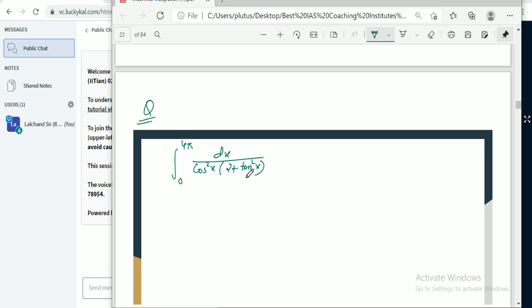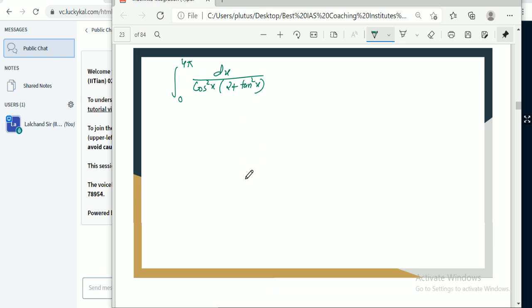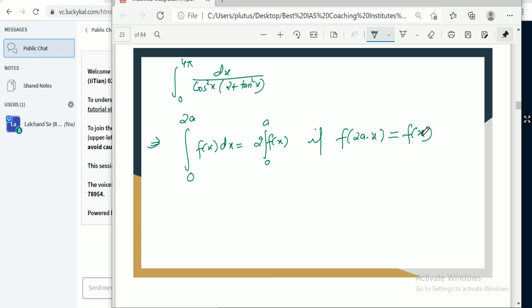So first we apply that property. Let's suppose this property: integral 0 to 2a f(x) dx is equal to twice of integral 0 to a f(x), if f of 2a minus x is equal to f(x). So 2 into 2 pi, first we need to break this integral, so the value of a will be 2 pi.